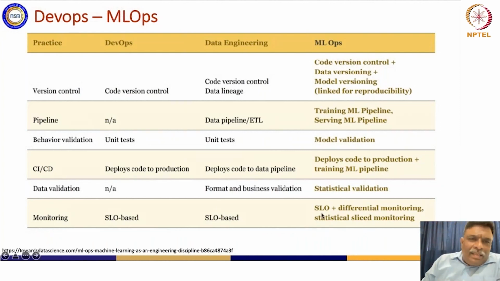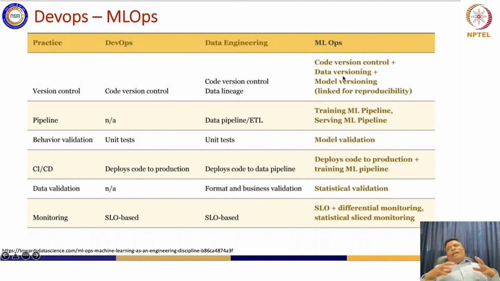Since when people started developing this code version control on DevOps, because at that time it was only DevOps, you then had this data lineage also linked to code version control. You mixed both of them to get MLOps, which is code version control plus data versioning plus model versioning.